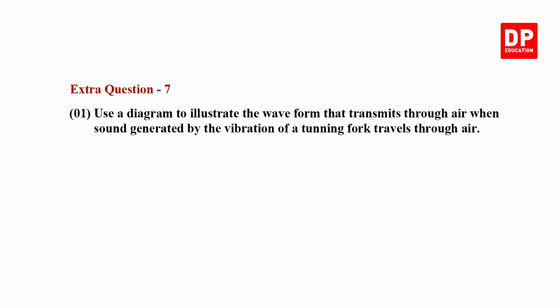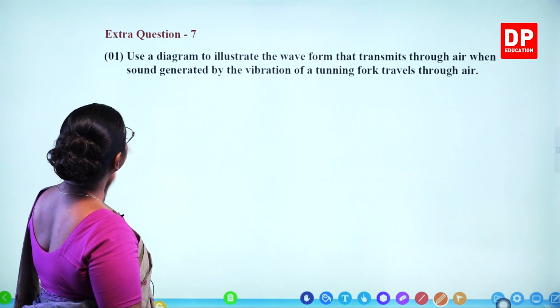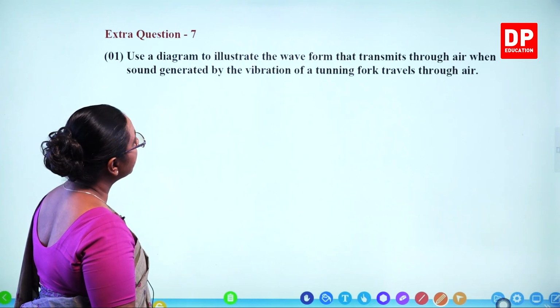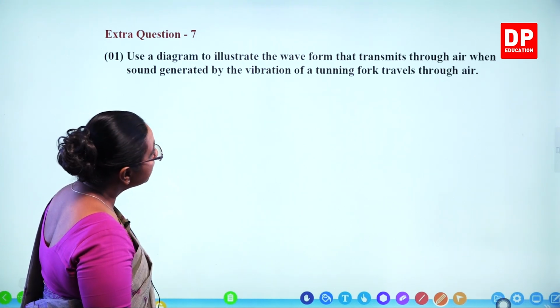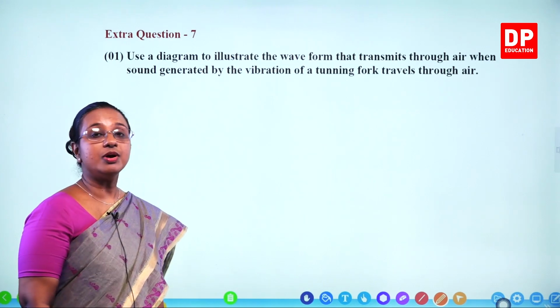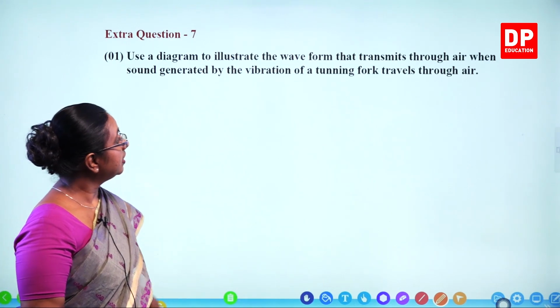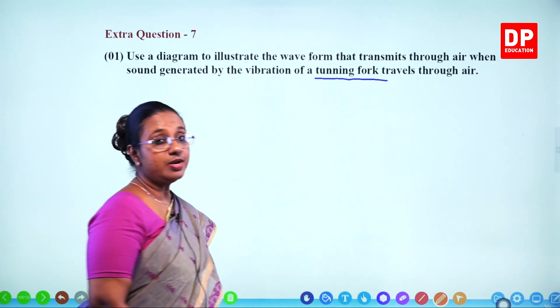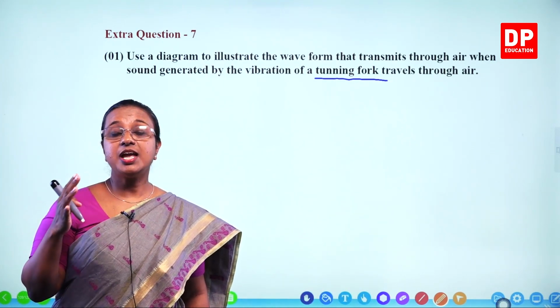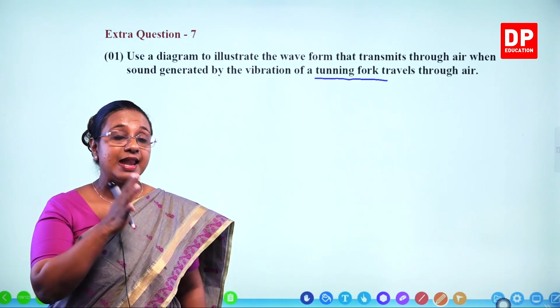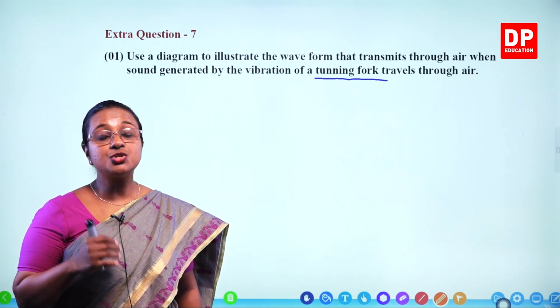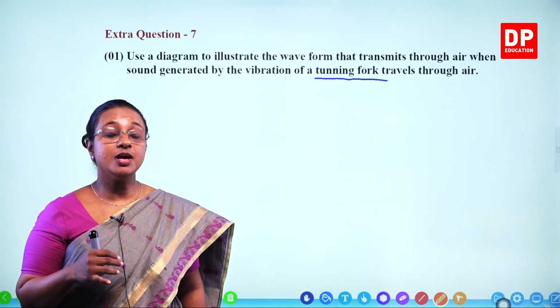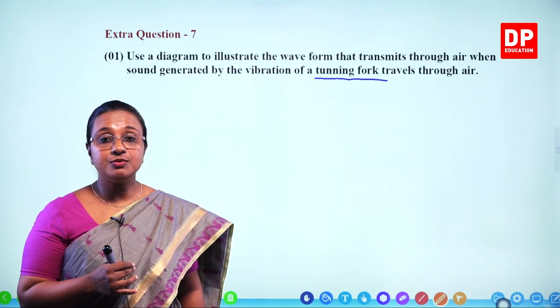Use a diagram to illustrate the waveform that transmits through air when sound generated by the vibration of a tuning fork travels through air. So here you can see tuning fork generates a sound, and to differentiate the sound and relate it to the instrument that produces the sound, what is the characteristic used?